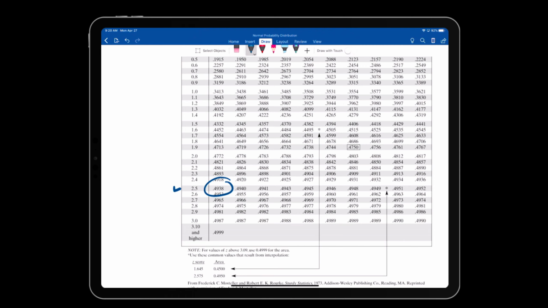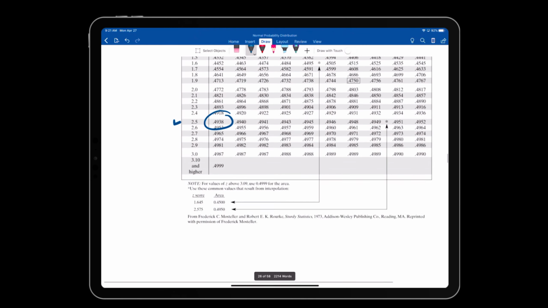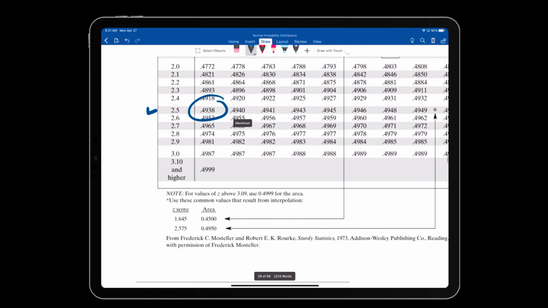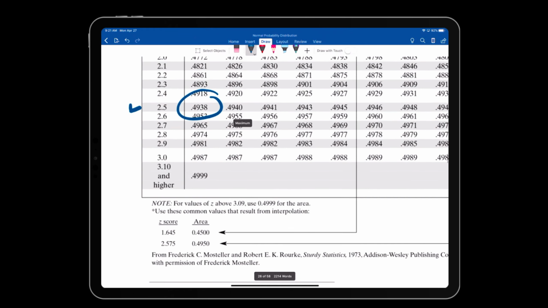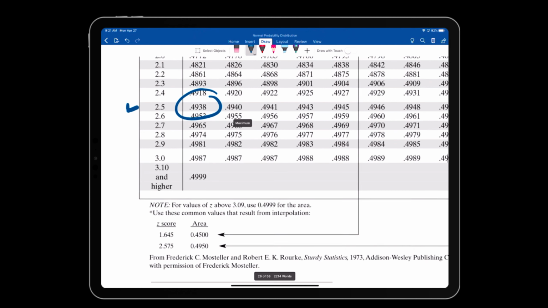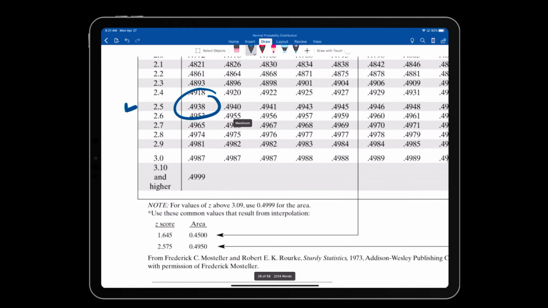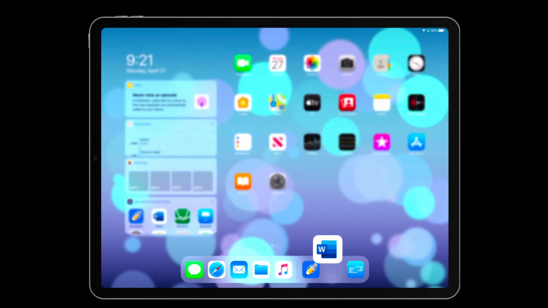I see if you guys can see that. What is that, ladies and gentlemen? 2.5 row, 0, 0 column. What is this? That's the decimal representation of what percent of the ballot is shaded. That's going to be 0.4938. Thank you, Joanna. All right, 0.4938.